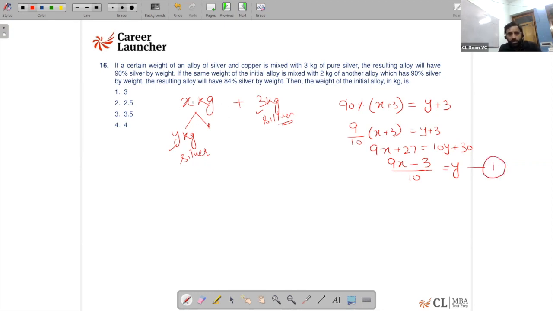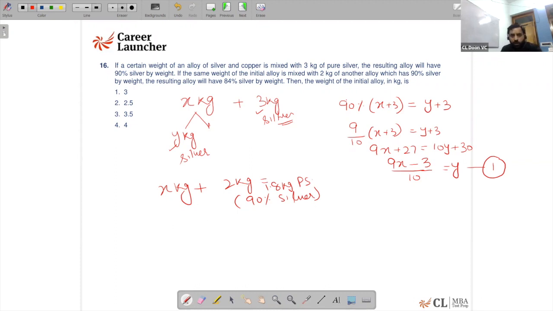Now they've stated, if the same alloy, x kg, is mixed with 2 kg of 90% silver by weight, then 90% of 2 is going to be 1.8 kg of pure silver, right? And after mixing them, we end up getting 84% silver by weight.